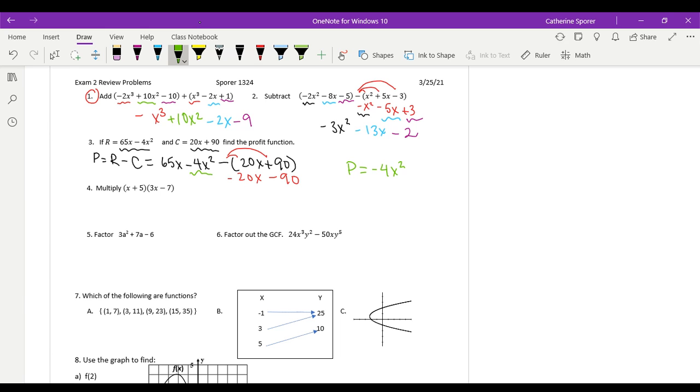And then the x term, 65x minus 20x, would be 45x. And then the constant term, there's nothing to combine this minus 90 with, so just minus 90. So that would be the profit function.